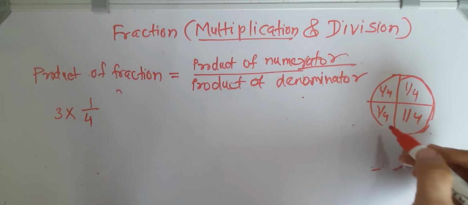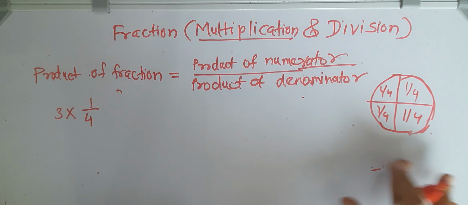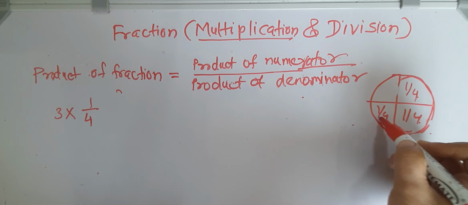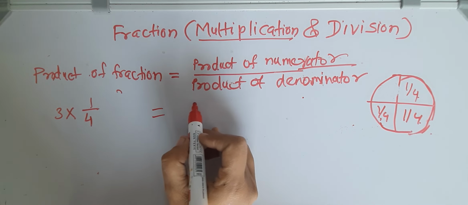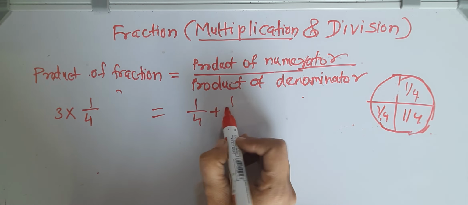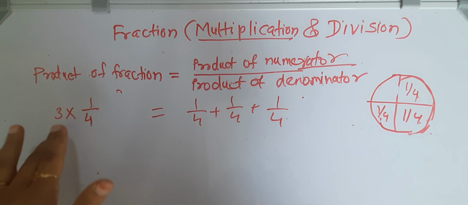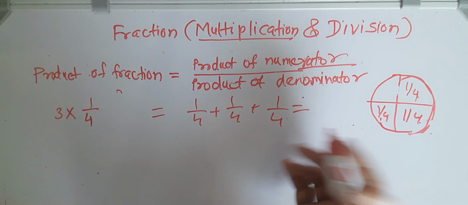What we have to find out is 3 times 1 by 4, that is 1 by 4, 1 by 4, 1 by 4. What we are actually doing is adding 1 by 4 three times.